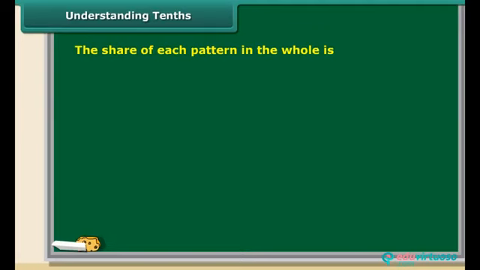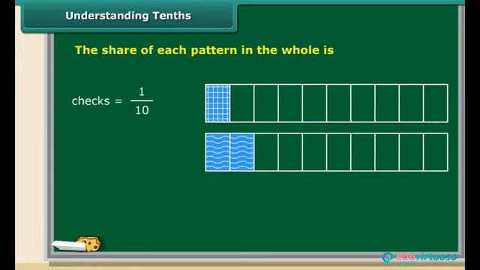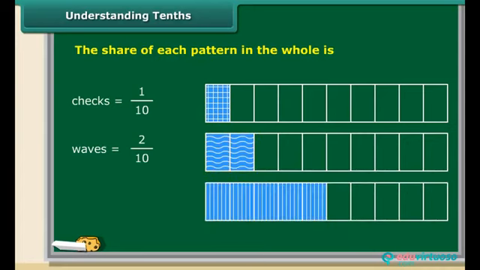Consider the fraction bars. In the first bar, only 1 out of the 10 blocks has checks. In the second bar, only 2 out of the 10 blocks have waves. Similarly, in the third bar, 5 out of the 10 blocks have stripes. In all these cases, we express the share of the patterned blocks to the total blocks as a fraction with denominator 10.